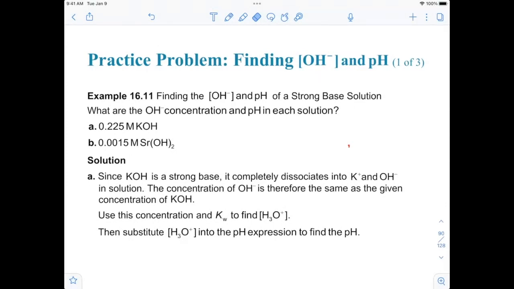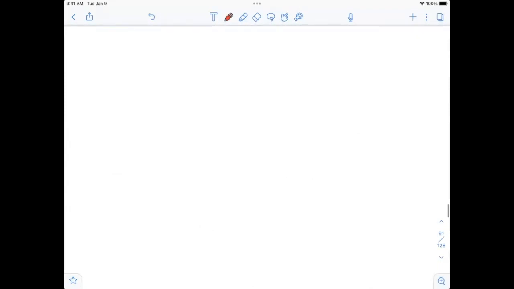So what they want us to find here is, it says, what are the OH concentrations and the pH in each solution? For the first one, I'll work on KOH. Once again, for the strong base, leave the water out. K plus OH minus.